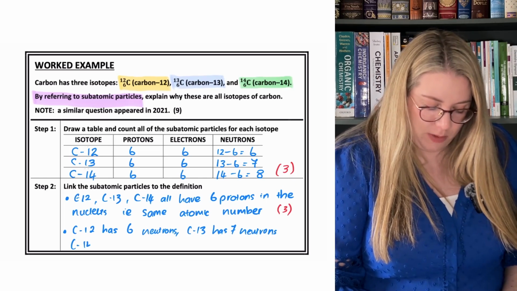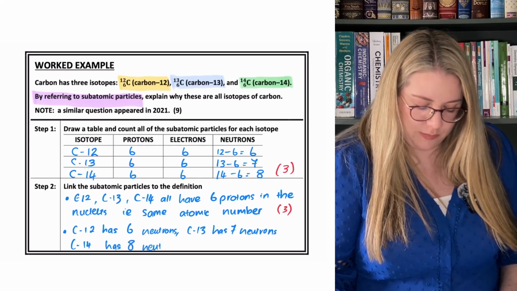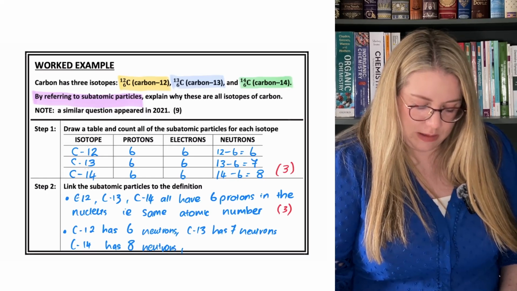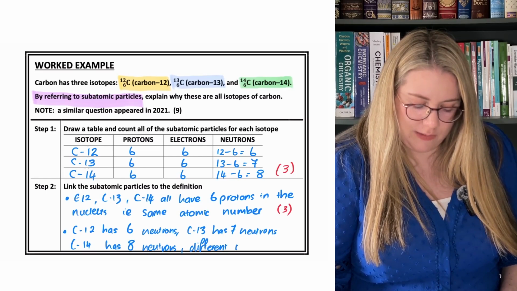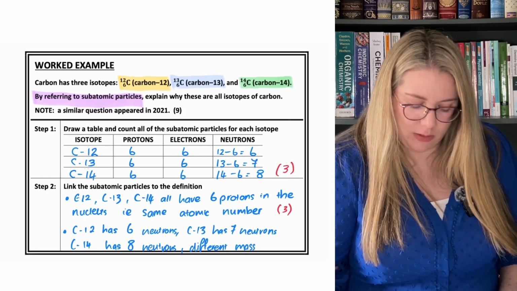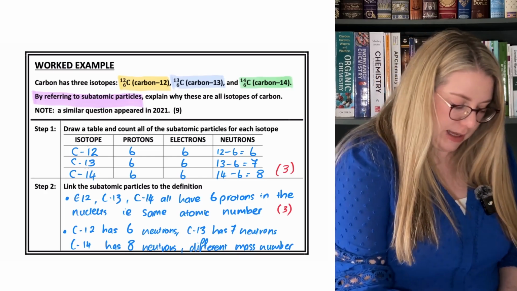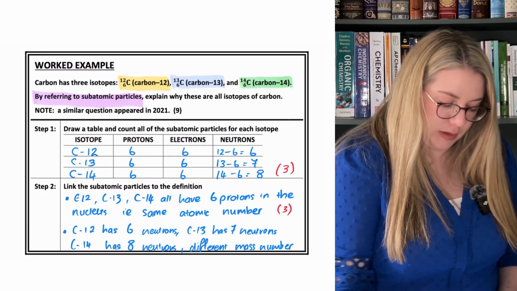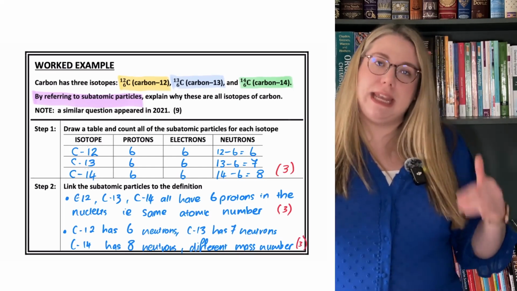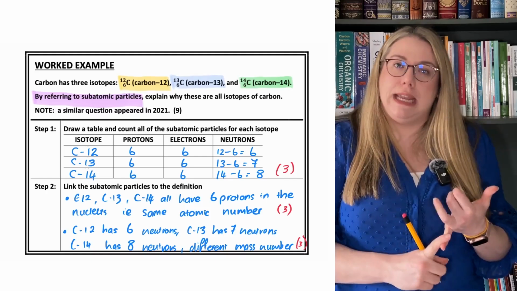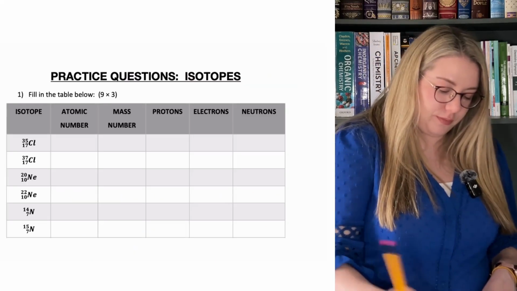And carbon 14 has 8 neutrons. So they have a different number of neutrons or a different mass number, either or. And that's going to get me my 3 marks. Now, a question like this can be a bit sneaky, so take your time with it, draw a table, and then link it back into the definition.